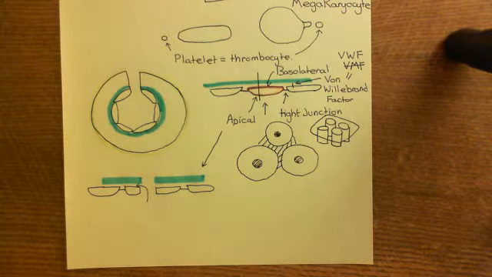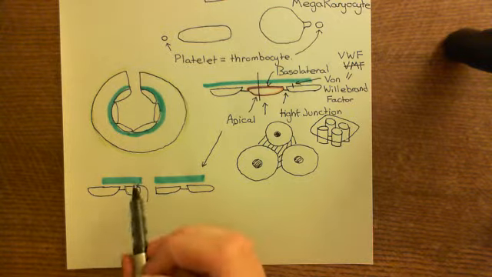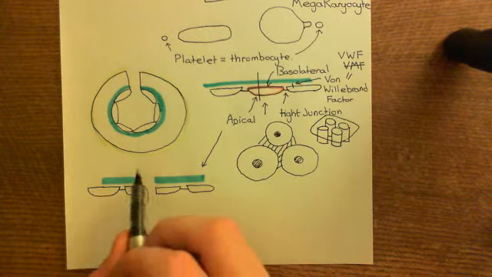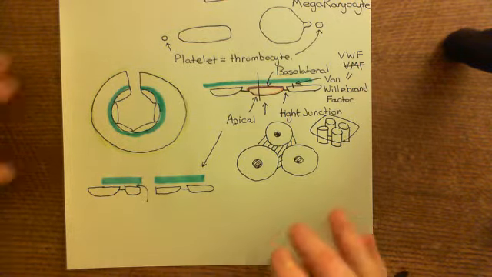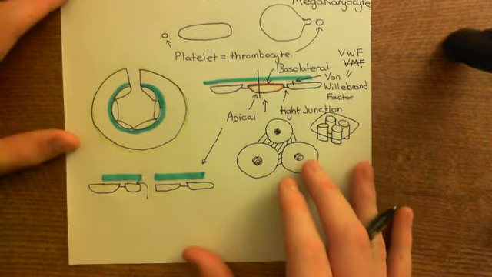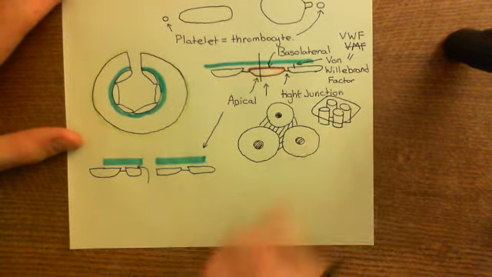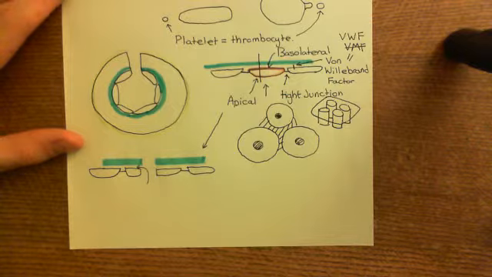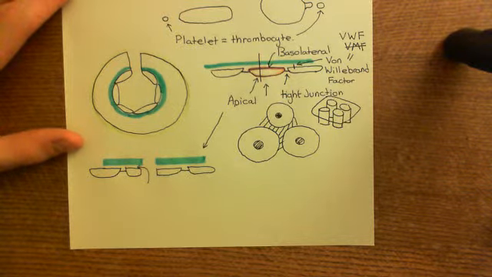Okay, and this is going to start off the adhesion process of the platelets to the wall of the blood vessel where the blood vessel has been cut, basically. Okay, so what's going to happen is the platelets have a protein on their cell surface membrane which can bind with von Willebrand factor.